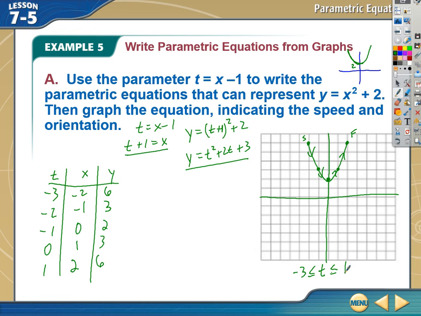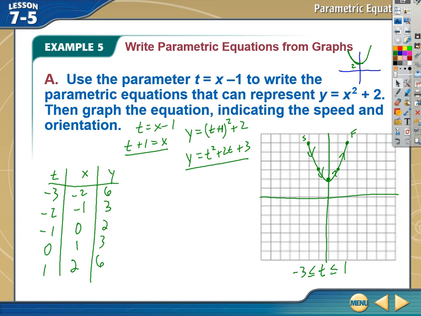Okay, great. So why is that such a big deal? Because what happens if I change this parameter up here? What if I change that but keep everything the same? How does that change either the orientation, the graph, or the timing or speed?